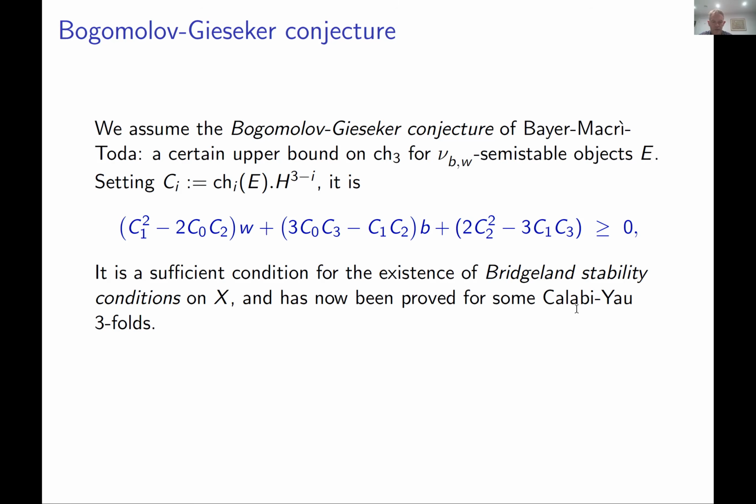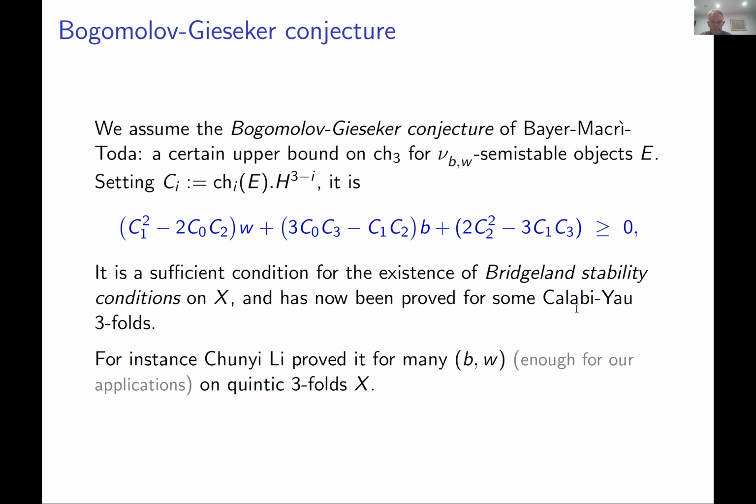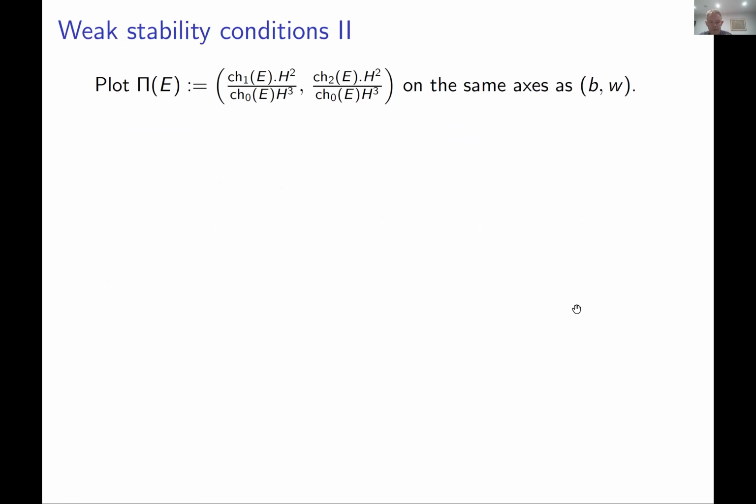And it has been proved for some Calabi-Yau threefolds, but it's not proved in general. And I don't know if physicists have a point of view on this inequality or have even seen it actually. But anyway, it's a technical device and we use it heavily. And you should ignore it.